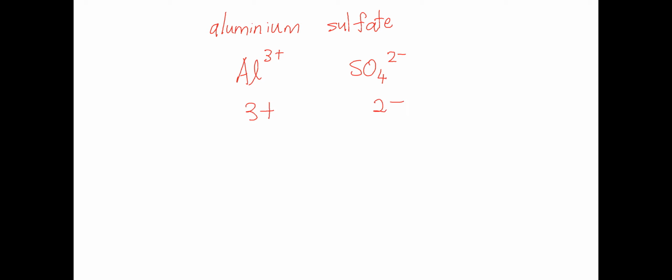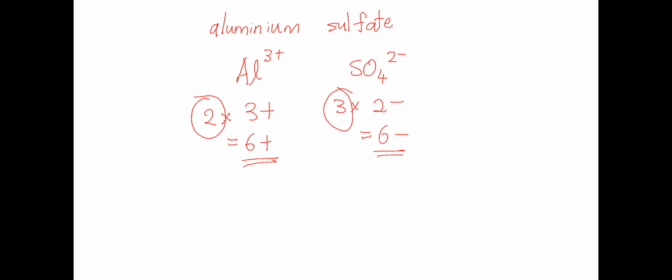The answer is the lowest common multiple. The lowest common multiple between 3 and 2 is 6. So 2 times 3+ gives you 6+, whereas 3 times 2- gives you 6-. 6+ balances 6-, which means we need 2 aluminium ions and 3 sulfate ions.